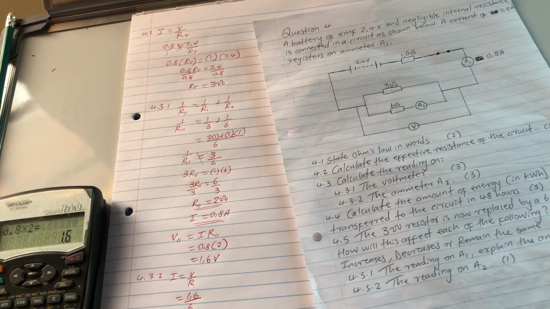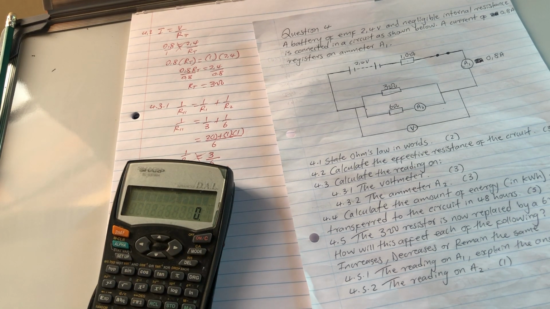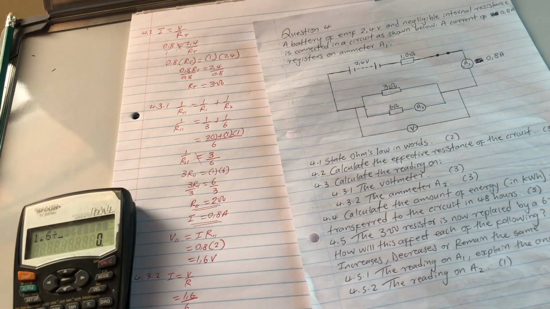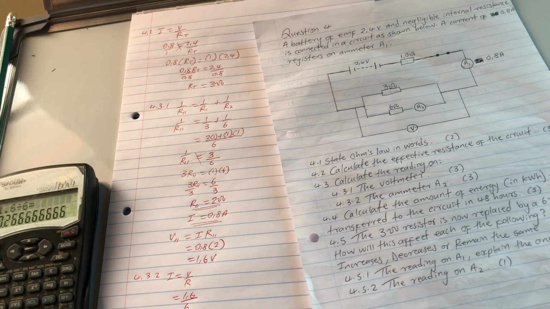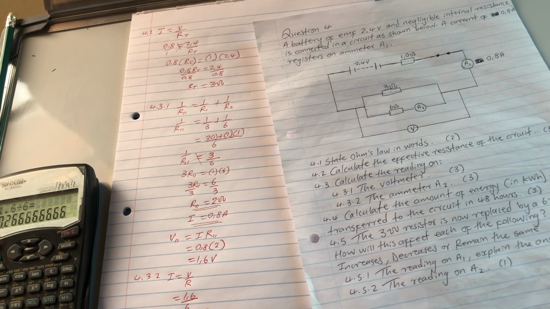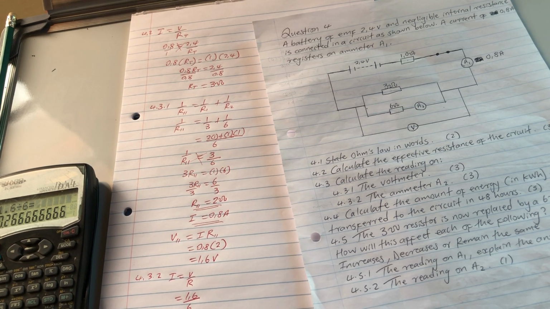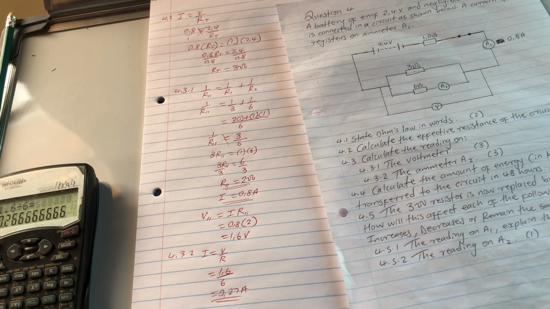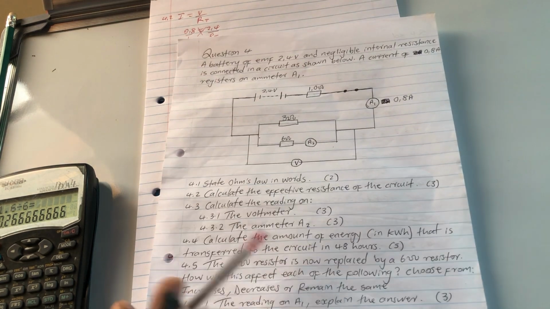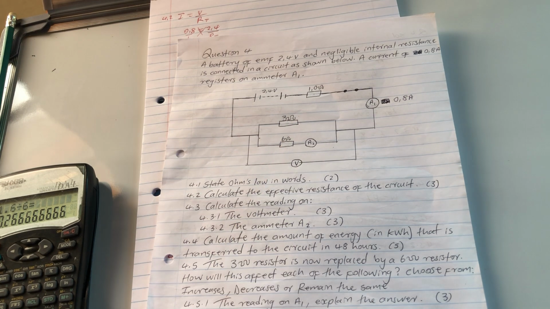So 1.6 divided by 6 gives us 0.27 A. This 0.27 A is the current which is passing through 6 ohm.